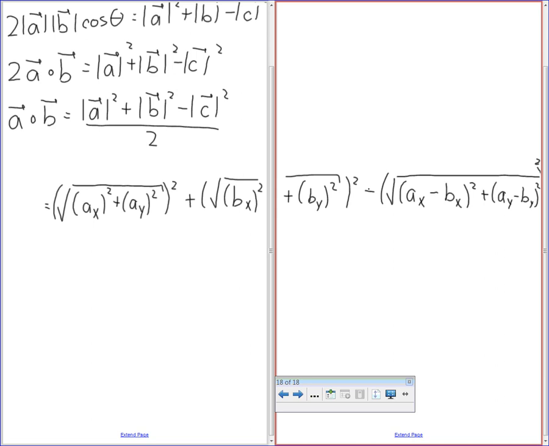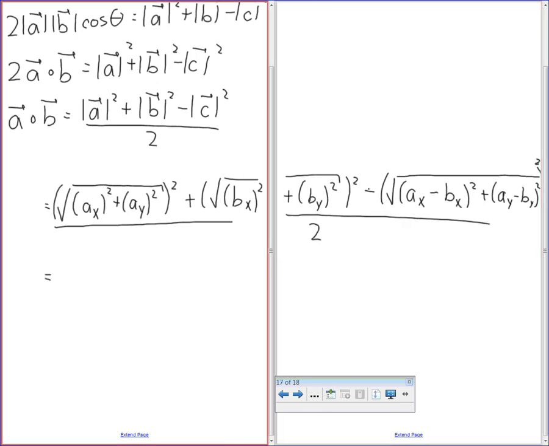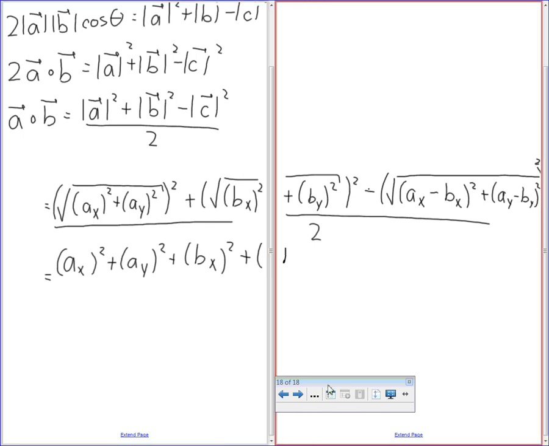So the squares do all cancel out, which makes my life a little bit easier if I have to write smaller. The squares and the square roots all cancel out. So this is just equal to AX squared plus AY squared plus BX squared plus BY squared. Now, how am I going to deal with these two on the right-hand side?